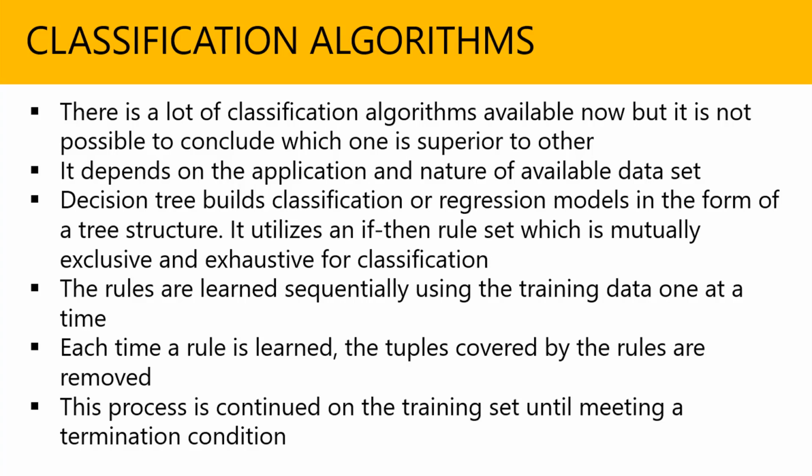The rules are learned sequentially using the training data one at a time. So you go one step at a time, and based on the output, you go to the next step. Each time a rule is learned, the tuples covered by the rule are removed. This process continues on the training set until meeting a termination condition. So that's how classification algorithms move forward.